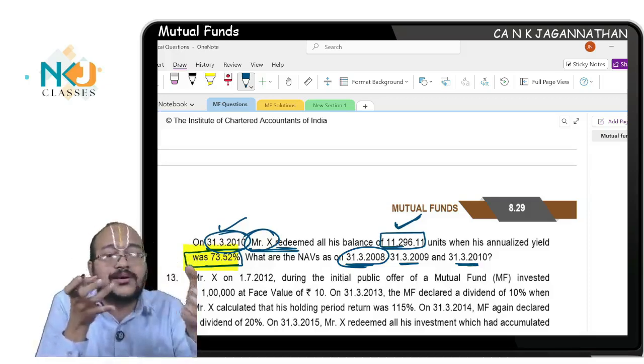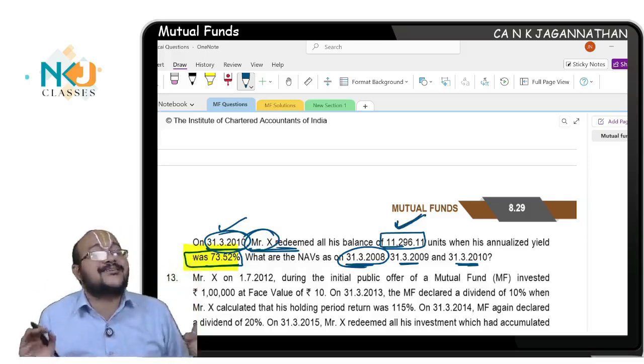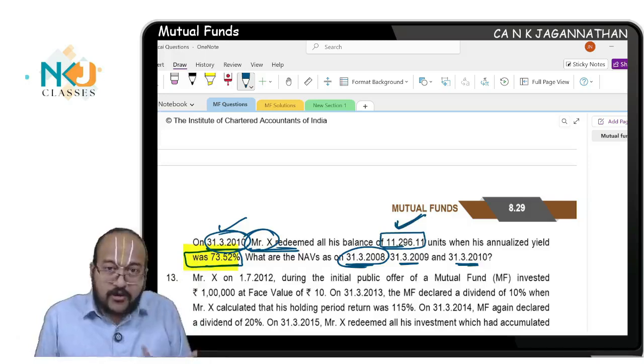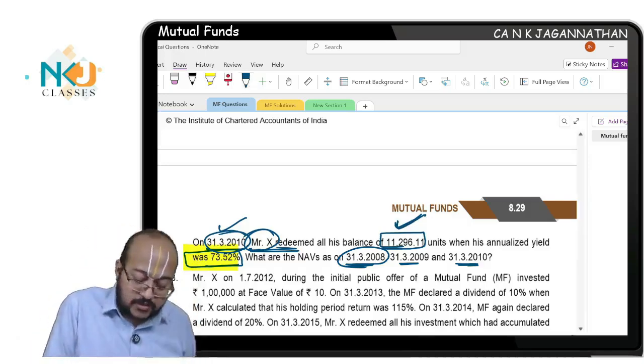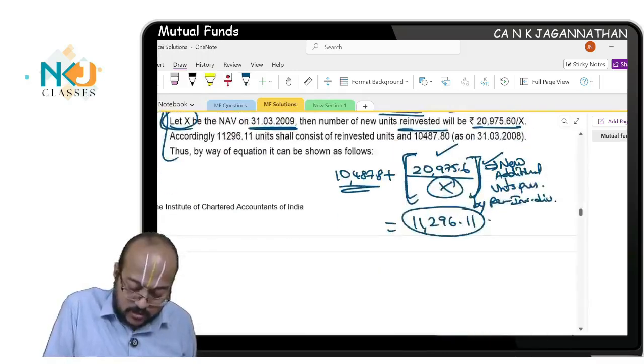This will be the same as 11,296.11. Are you understanding? In year 3, there is no change with respect to units. No dividend allotted, so no reinvestment. They have given the closing units, which means you equate this number to this. Very simple.